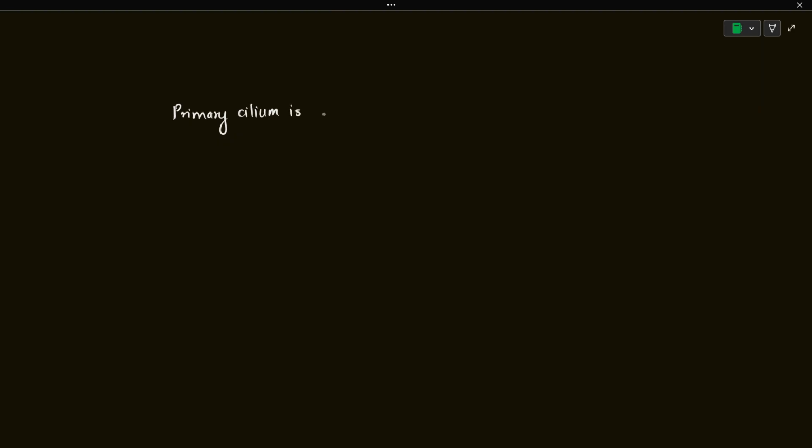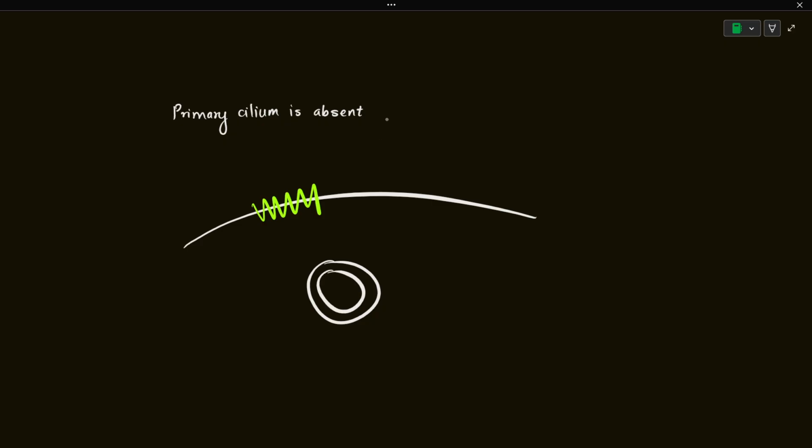Cilium is absent. So instead, the patch receptor exists on the plasma membrane, and the smoothened receptor is present on vesicles inside the cytoplasm.